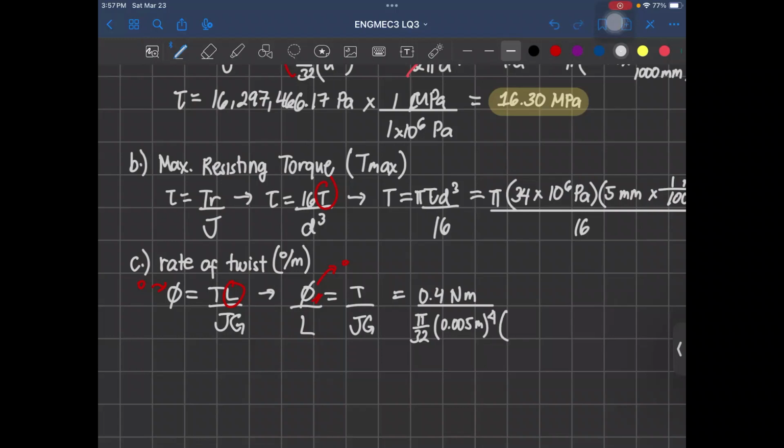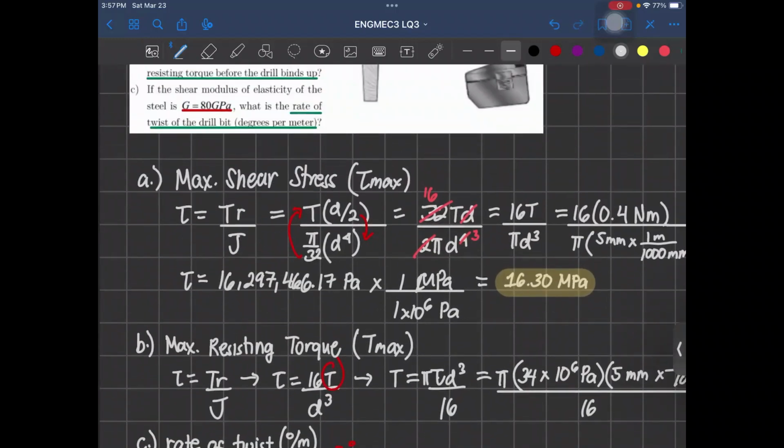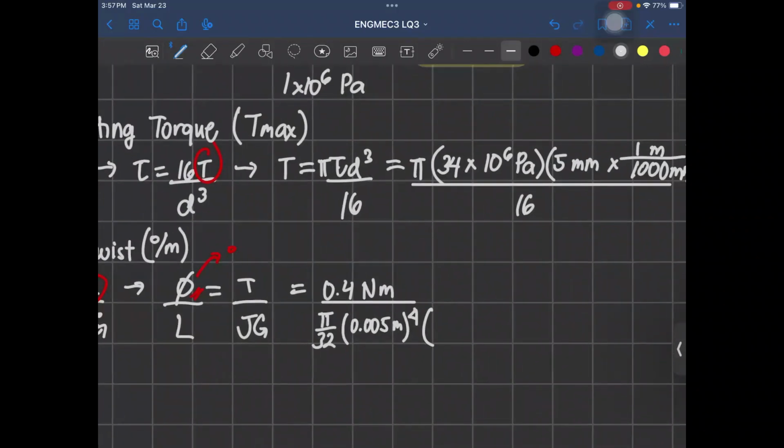Then we're going to multiply the G of 80 gigapascals, converted to Newtons per meter squared, that's 80 times 10 to the 9 Newton per meter squared. Now that we have that, it's just simple plug and play. We will get 0.4 over pi over 32 times 0.005 to the fourth times 80 times 10 to the 9.